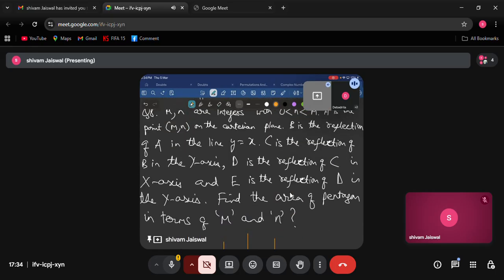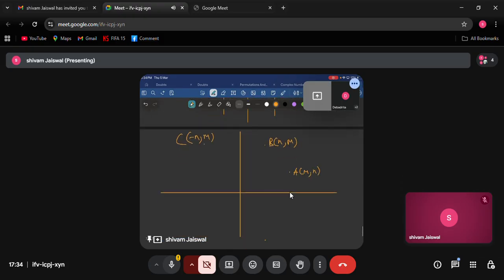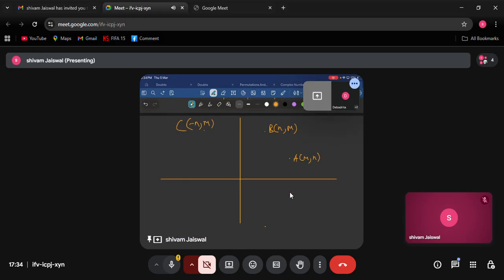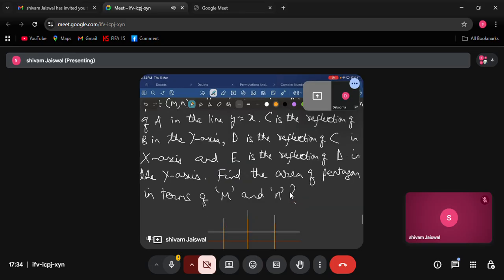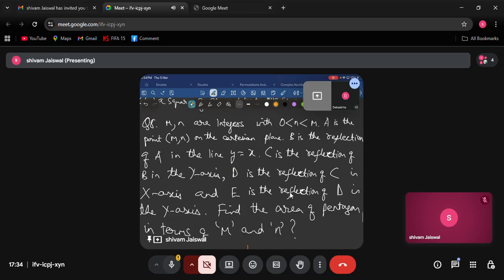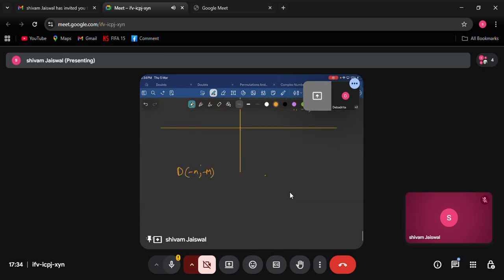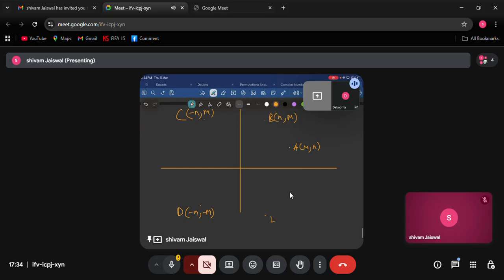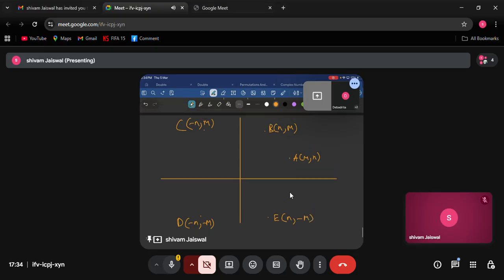D is the reflection of C in the x-axis, so minus n comma minus m. And C is the reflection of D in the y-axis, so n comma minus m.